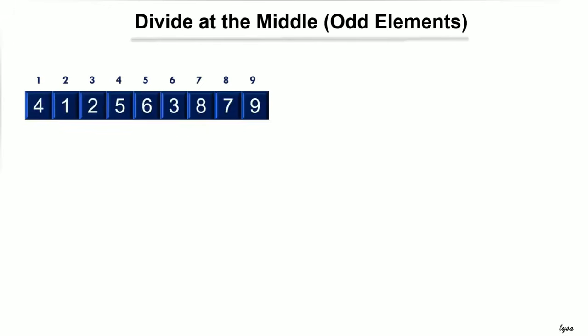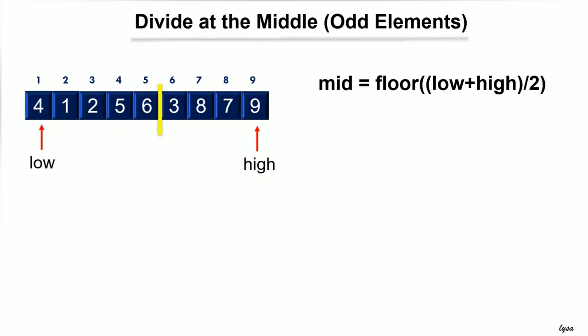Now let's see how our formula behaves when we try to divide at the middle with odd number of elements. So I have 9 elements now, and I use the same formula with low and high values being 1 and 9 respectively.